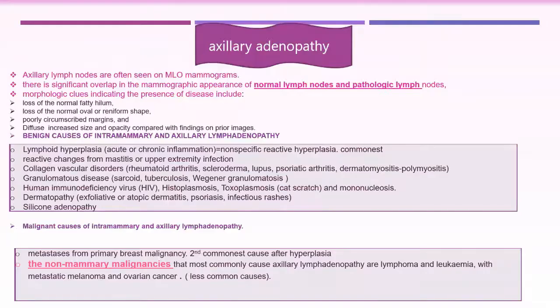And if we look for the hilar vascularity here, we'll see it as cortical vascularity. So when we look at the lymph node, we have to remember that we have many benign conditions and systemic diseases that can give us pathological lymph nodes, with lymphoid hyperplasia on top of the differential diagnosis, and we have to think about non-mammary malignancies giving secondary adenopathy, especially if we could not see any underlying breast lesions.